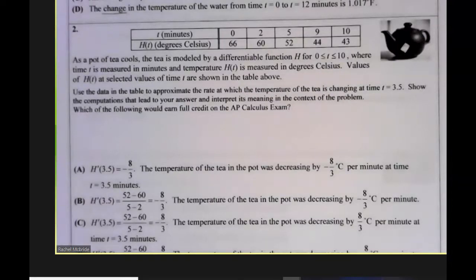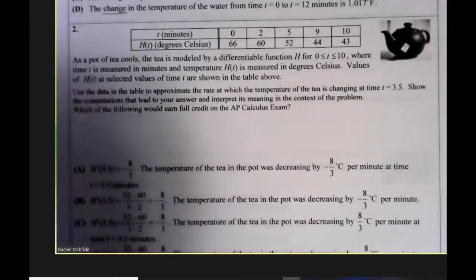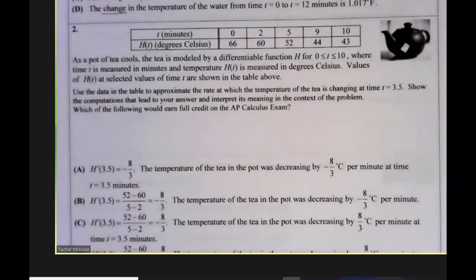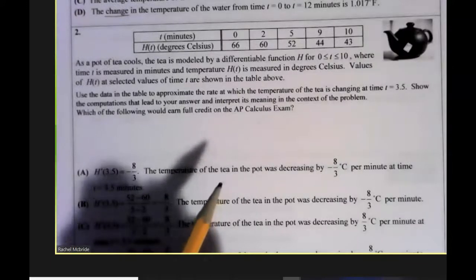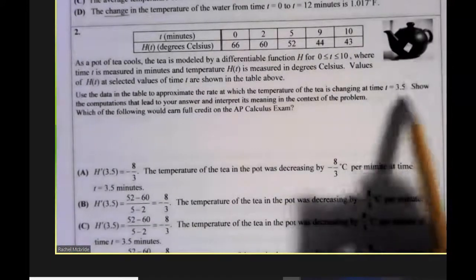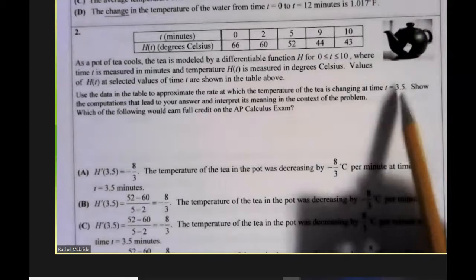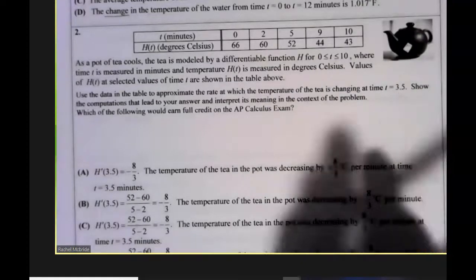So, if we're looking for changing, again, we're talking about the derivative. But in this case, we're not looking at changing in terms of being given a function and a specific answer. Now we need to use our context to find 3.5.